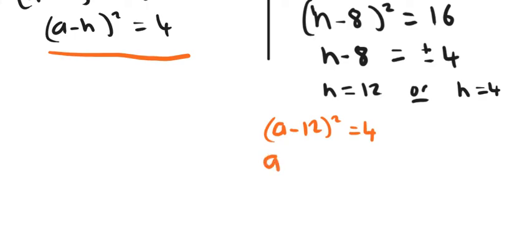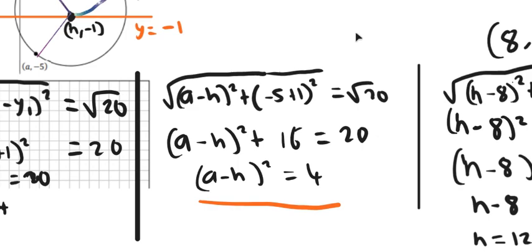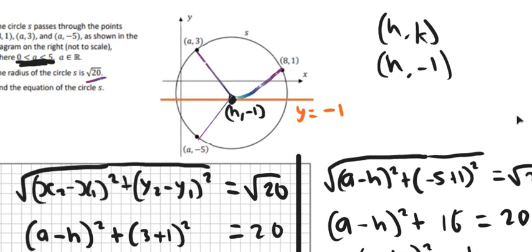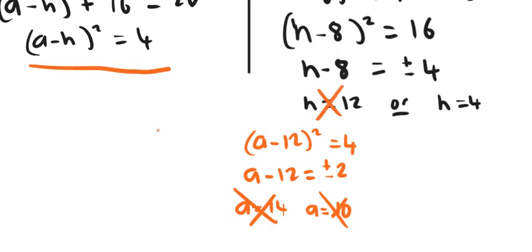Square root both sides, I get a minus 12 is equal to plus or minus 2. And if I add 12 to plus 2, I would get 14. So a is equal to 14. Or if I add 12 to minus 2, I get a is equal to 10. So see the way neither of those will work for a, because we know that a has to be between 0 and 5. So we could discard that then, really. We could discard h is equal to 12.